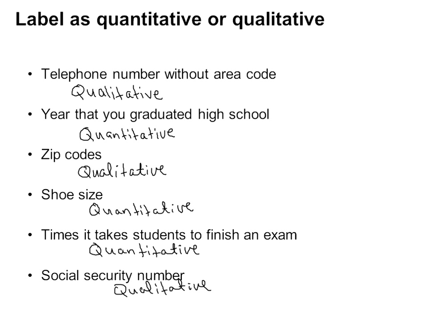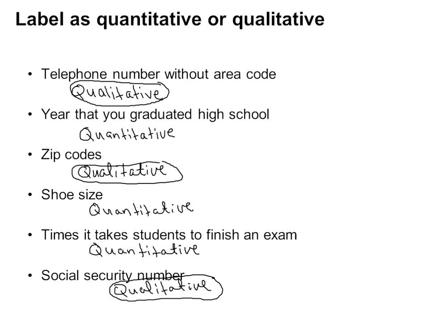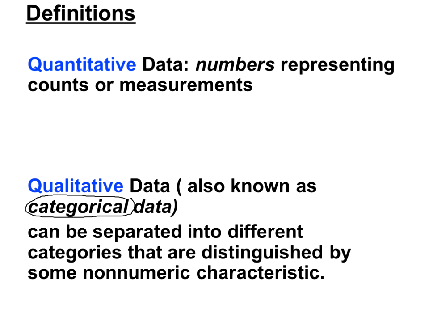So categorical is another way to talk about qualitative data. What I've just circled is also known as categorical data.